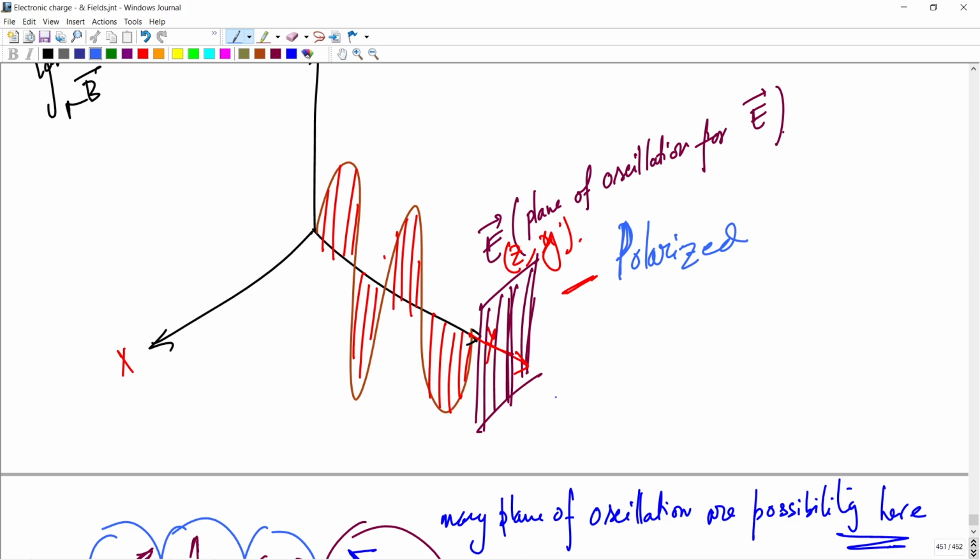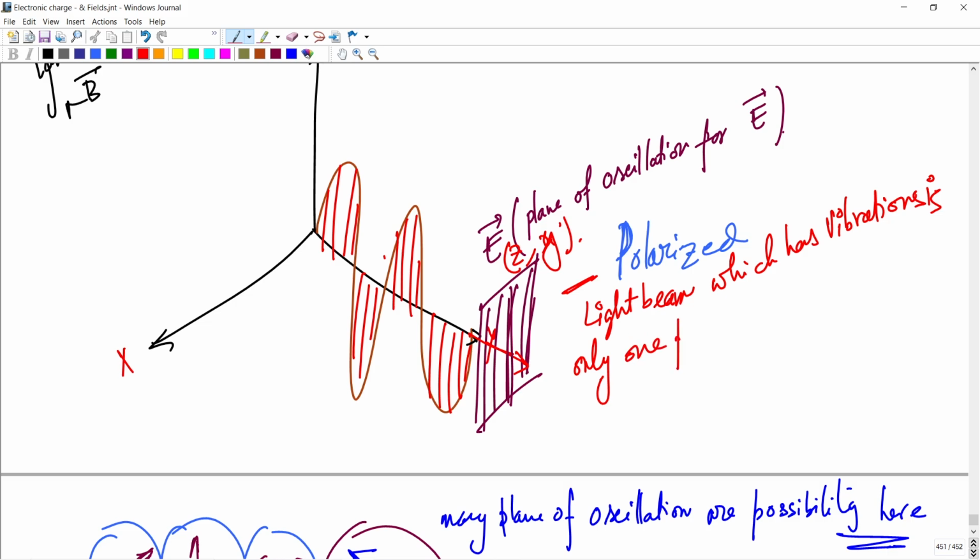The definition is that a light beam, or a wave, which has vibration in only one plane of propagation is called polarized light.